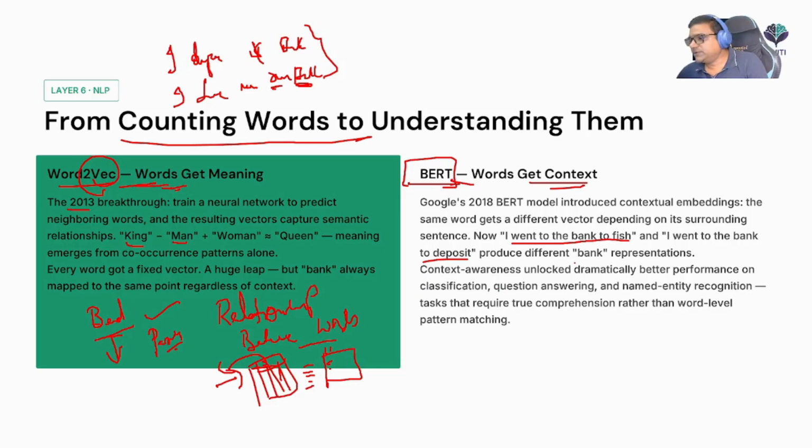So now the word bank has context. This is closer to how humans understand language. This is the journey: first computers counted the words, then they learned word meaning, then they learned meaning based on the context. That is NLP.